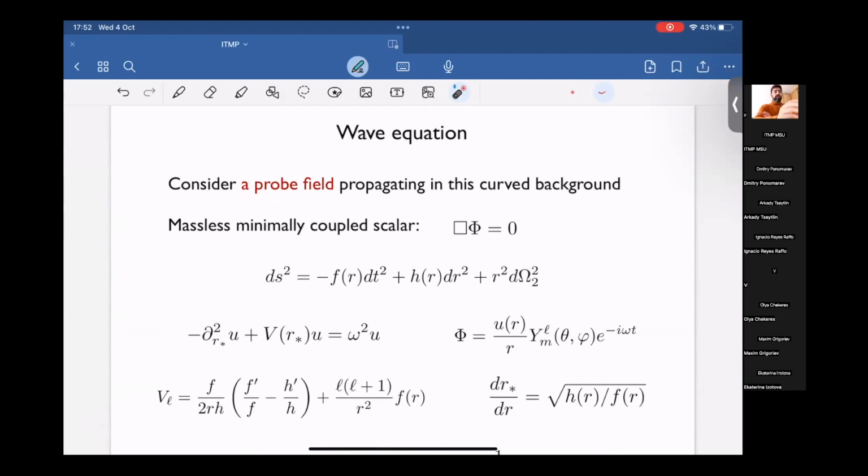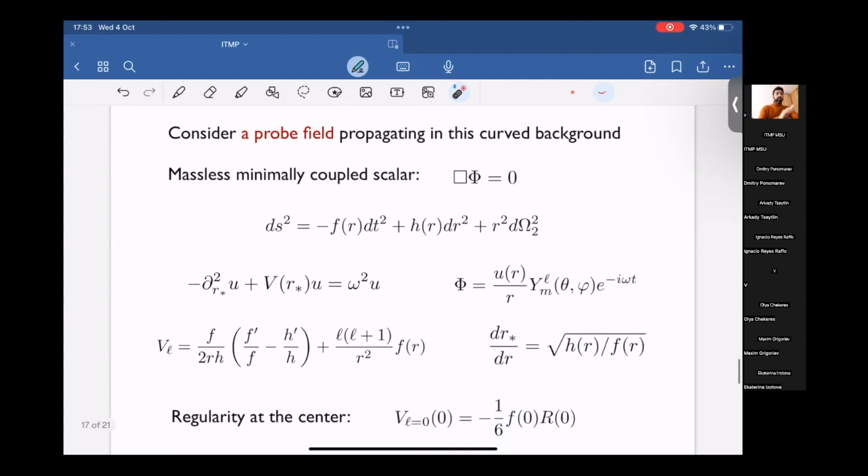So finally, the physical effect that I found that was interesting was, if you have the star, if you look at the wave equation, for example, of a scalar field. So consider now an external field. We have the star made of fermions that has quantum and anomalous contributions. But now imagine that on top of that, there's some probe field. This is some other field. Let's consider a minimally coupled massless scalar.